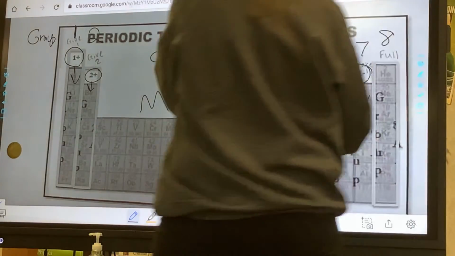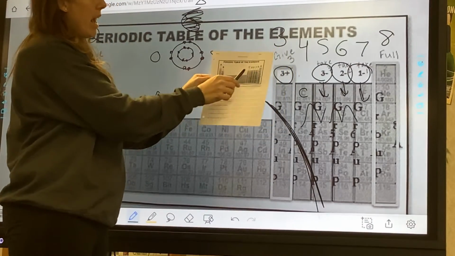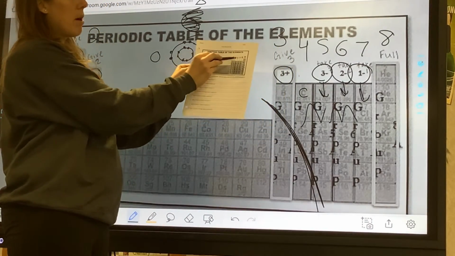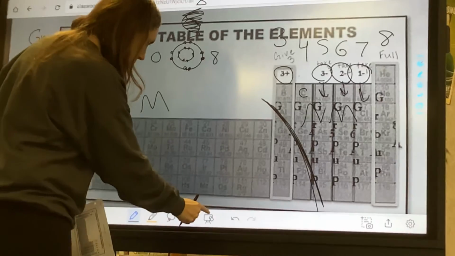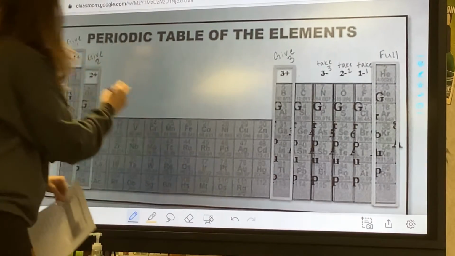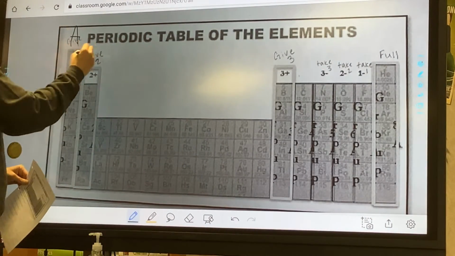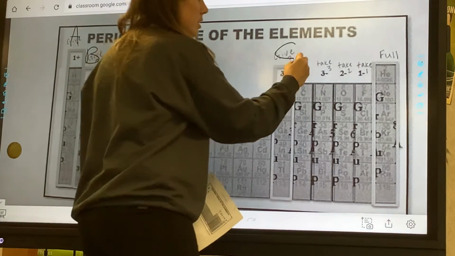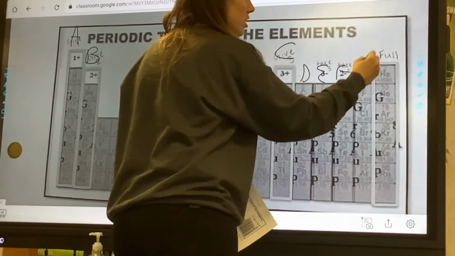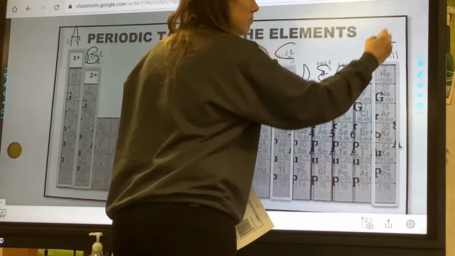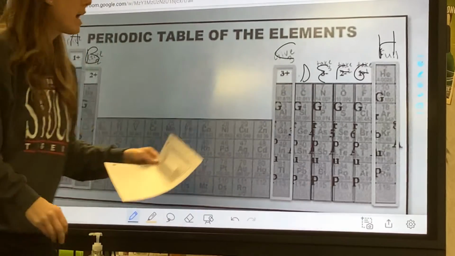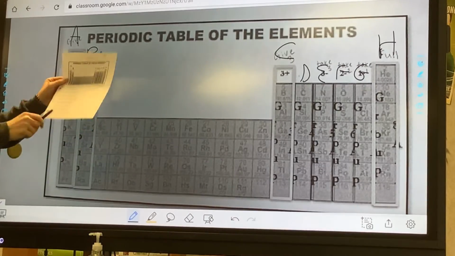Okay? So your quiz tomorrow is going to be this exact chart here. And what I did was I put letters above all these columns. So I said, here's A, B, C, D, E, F, G, H. Okay. And then I said, in all of these, give me an answer.